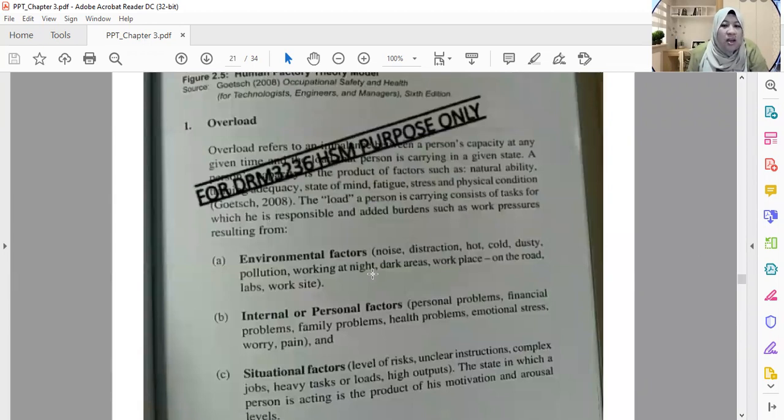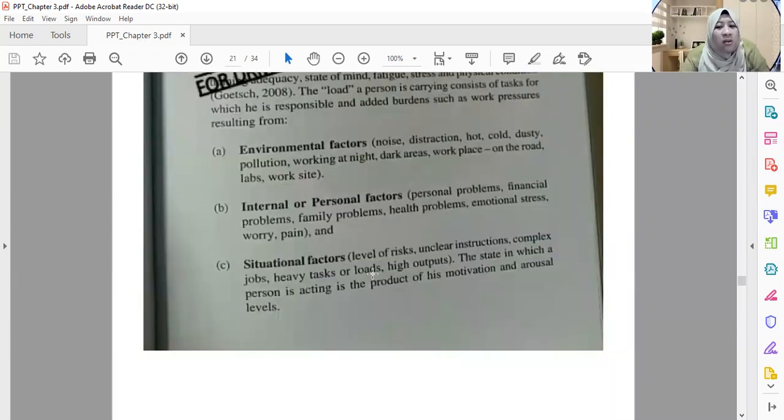They said in here, environmental factors. When we are talking about environmental factors, it means referring to whatever surrounds us, whether related to noise, distraction, hot and cold, dusty, pollution, working at night, or dark areas, meaning insufficient lighting.